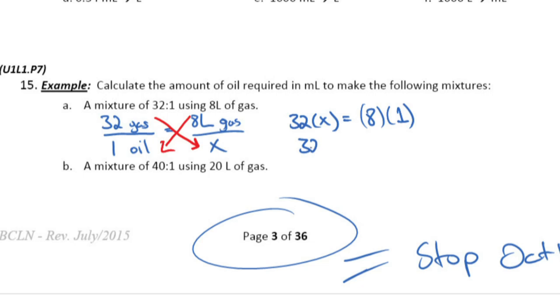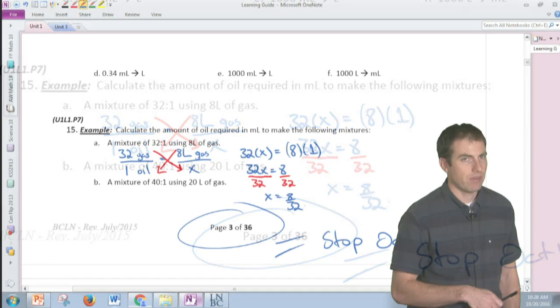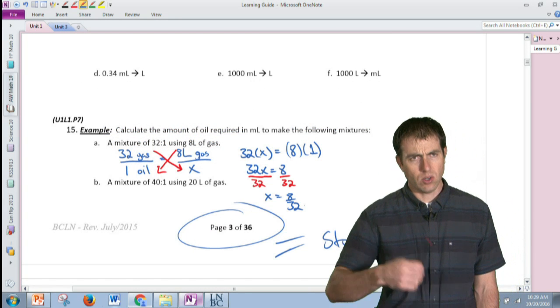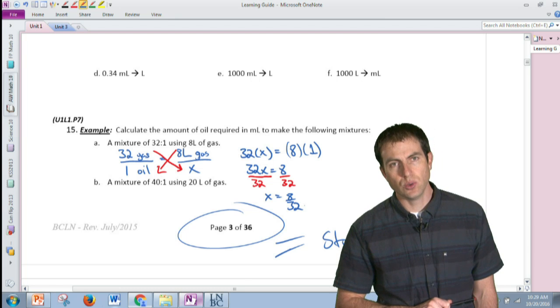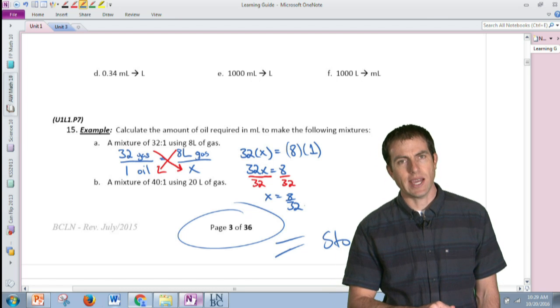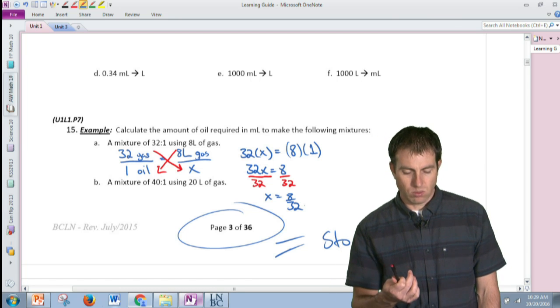So I end up with 32x is 8. Then I need to get x by itself. I'm multiplying x by 32, and the opposite of multiplying by 32 is dividing by 32. So I end up with x is 8 over 32. Now, if I were to tell somebody, oh, you just need to add 8 over 32 to the old gas can, they would say, what are you talking about?